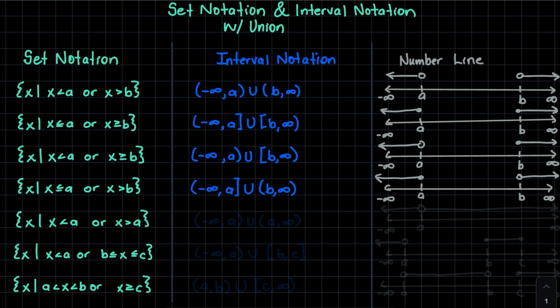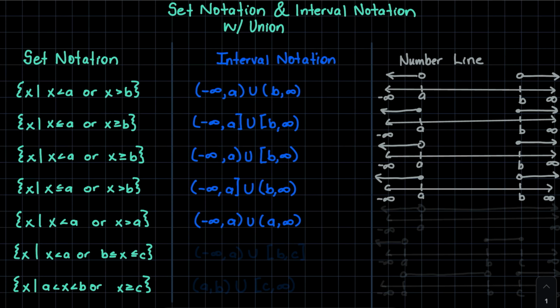Next, we have x such that x is less than a or x is greater than a. This is a very common one when we're dealing with domain. So this means negative infinity to a, not included, so everything smaller than a, union everything bigger than a, which is the same thing as saying all real numbers except for a.